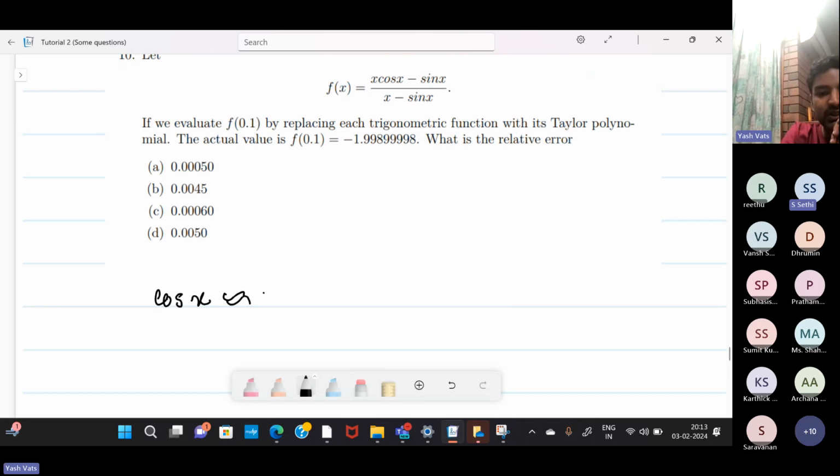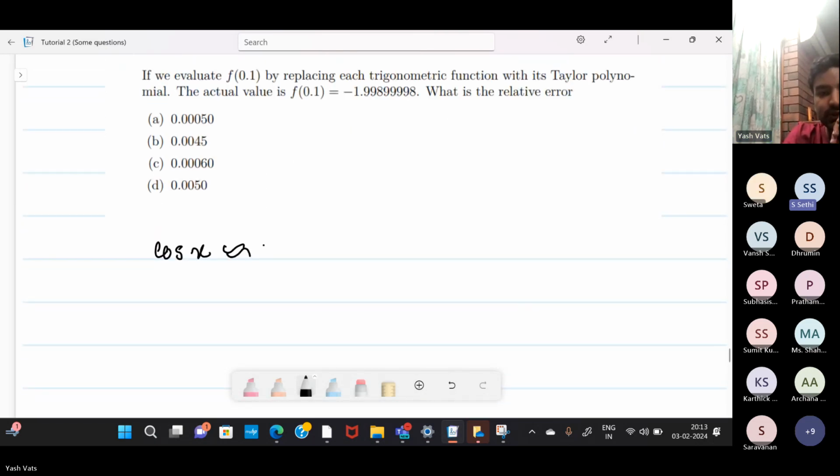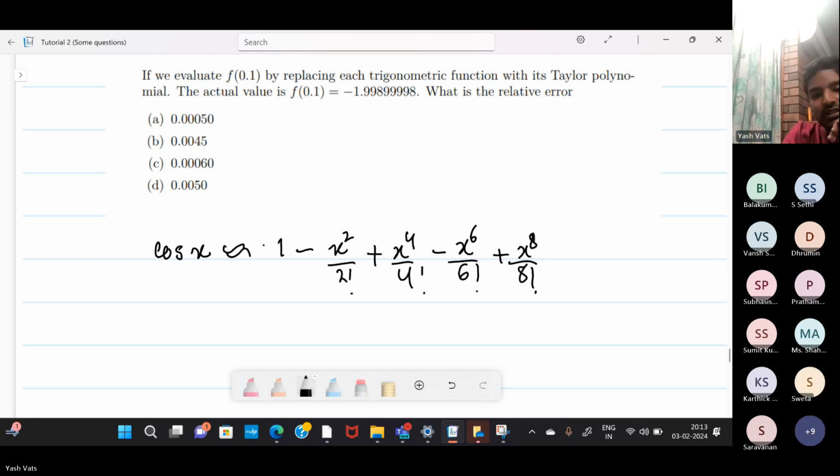Cos x can be approximated as 1 minus x squared upon 2 factorial plus x to the power 4 upon 4 factorial, like that. Then it is minus x to the power 6 upon 6 factorial. Is it the same like this? Yes, sir. It's true.